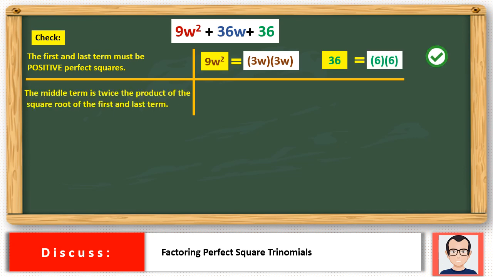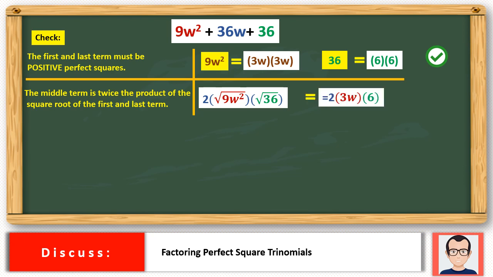Now we check the middle term by getting twice the product of the square root of the first and last term. Here we have 2 times the square root of 9w squared times the square root of 36. When we simplify it, we have 2 times 3w times 6.